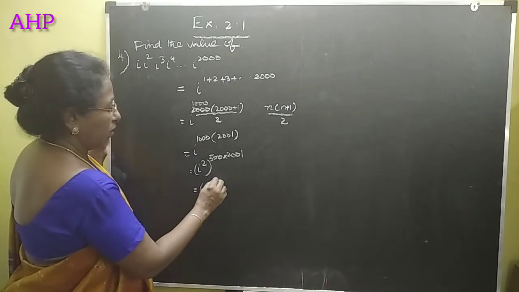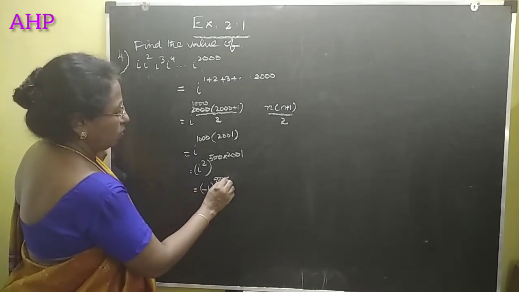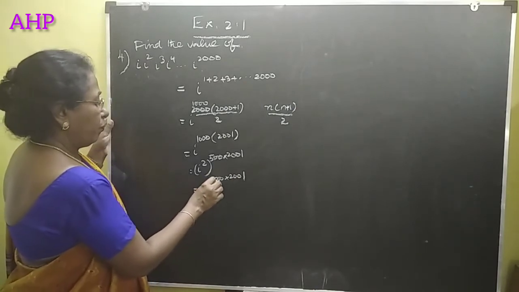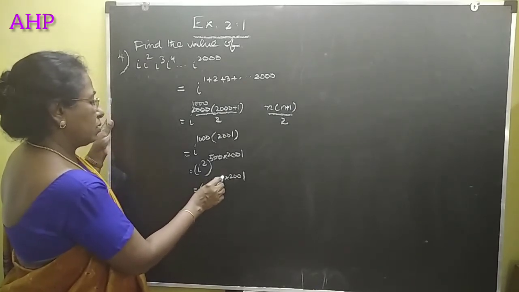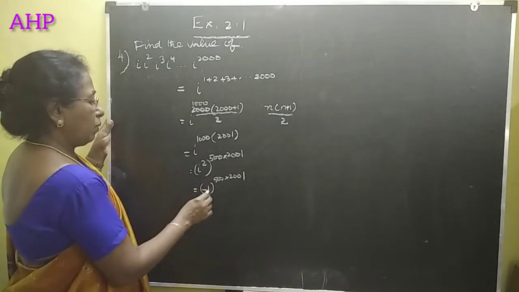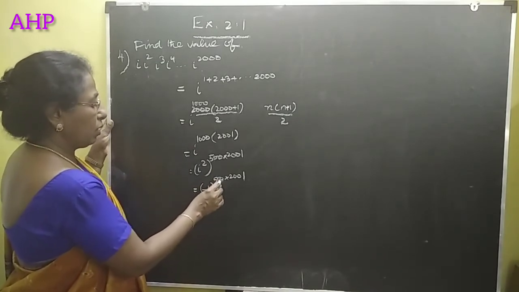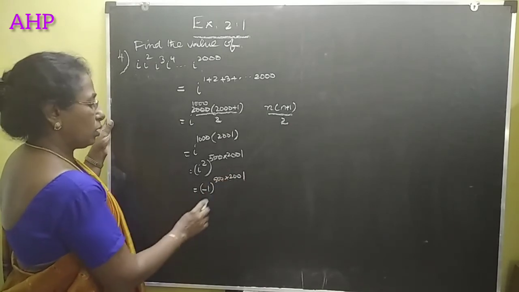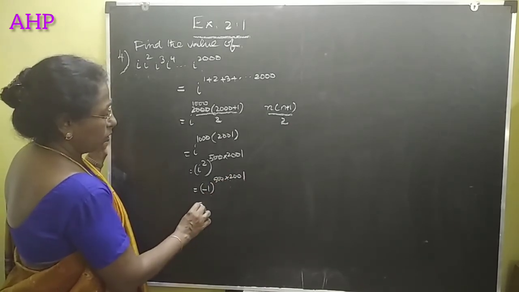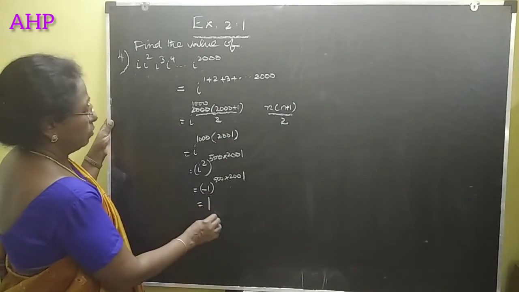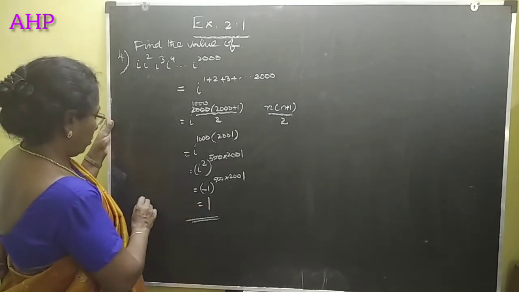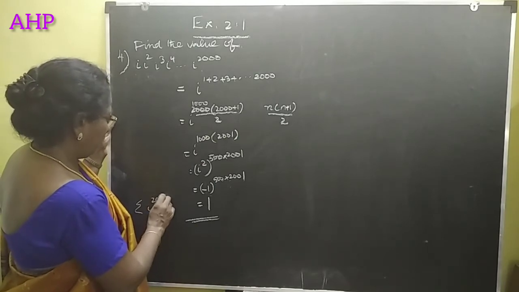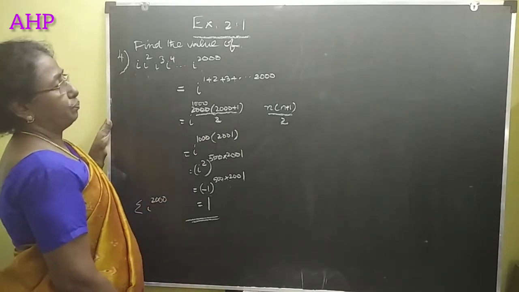Minus 1 the whole power 500 into 2001. Now minus 1 the whole power 500 is an even number, so this becomes plus 1. Plus 1 the whole power 2001 is an odd number, so you are going to get your answer as 1. So i into sigma i power 2000 is equal to 1.